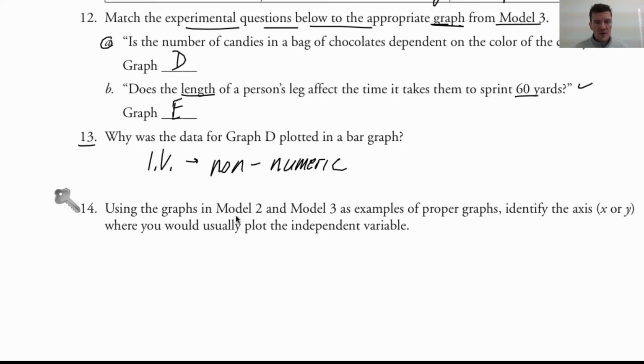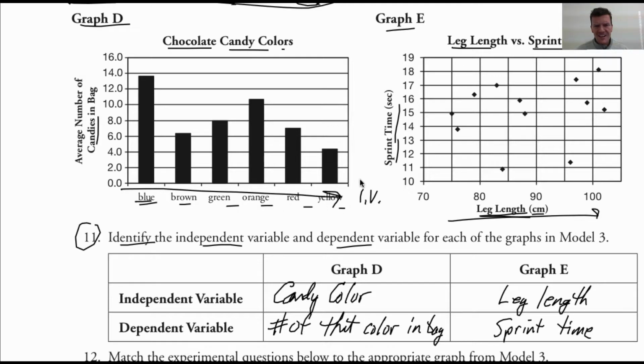And 14, using the graphs in Model 2 and 3 as examples of proper graphs, identify the axis, X or Y, where you would usually plot the independent variable. Hey, we already talked about that. So the independent variable always goes on the x-axis, okay? This is your x-axis.